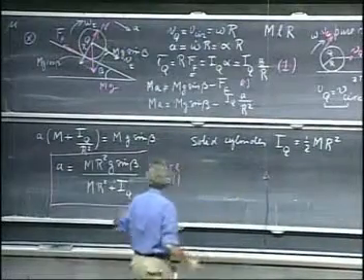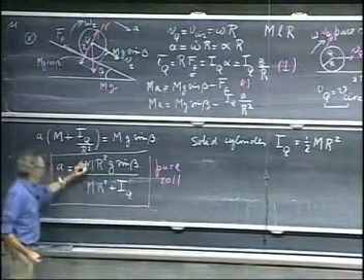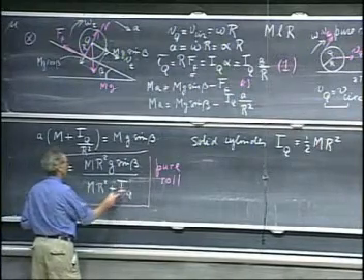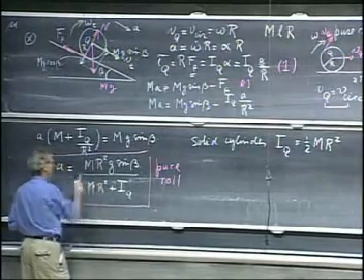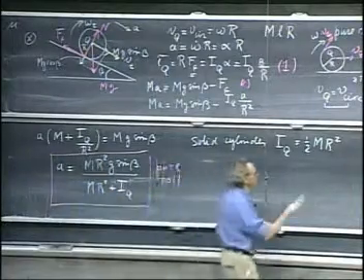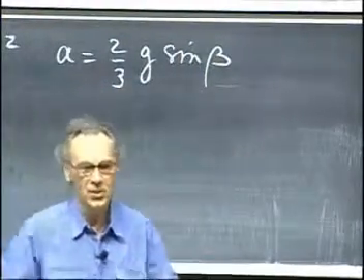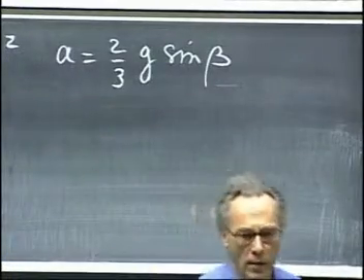And if I substitute that in here, notice that all my mr squares go away. I get 1 plus 1/2, which is 1.5. Upside down becomes 2/3. So A equals 2/3 times g times the sine of beta. There is no m, there is no L, and there is no R.